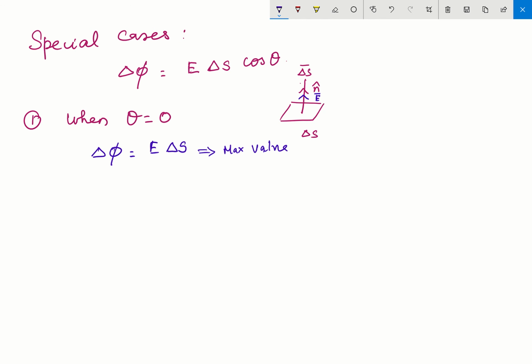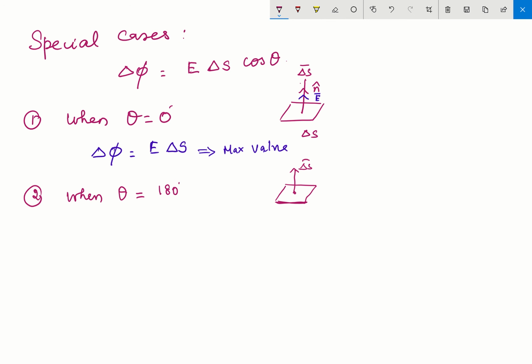Okay, then case 2, when theta is equal to 180 degrees. Theta is equal to 180 means, once again, see, this is your delta S vector.